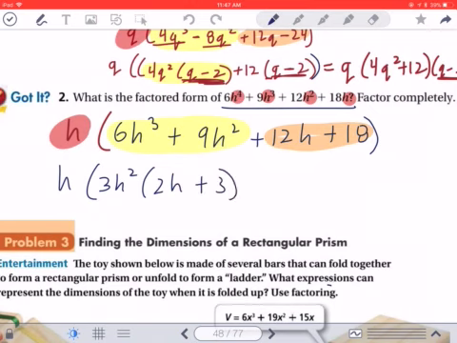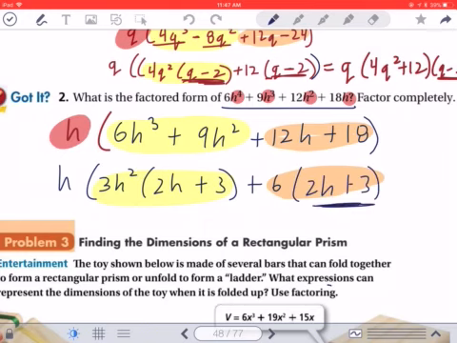Over here, in orange, I can factor out a positive 6, and I'm left with 2h plus 3.